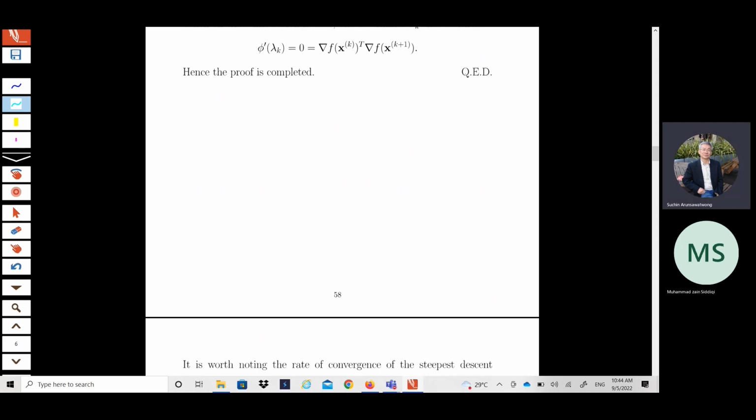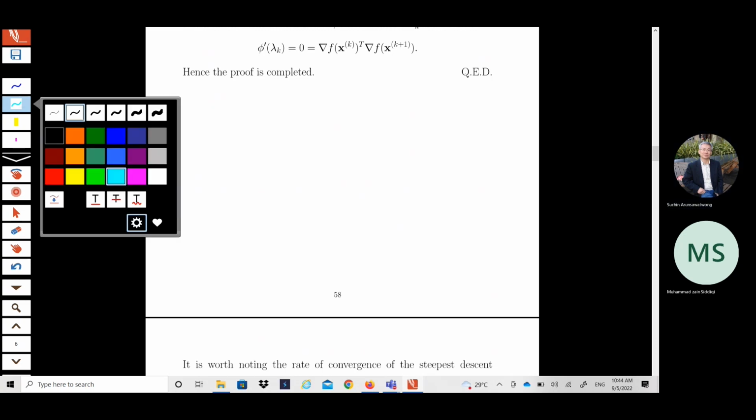I will illustrate this in a two-dimensional problem. In a two-dimensional problem, we can see the trajectory of the iterate xk in the x1, x2 plane. Am I right? In a plane.